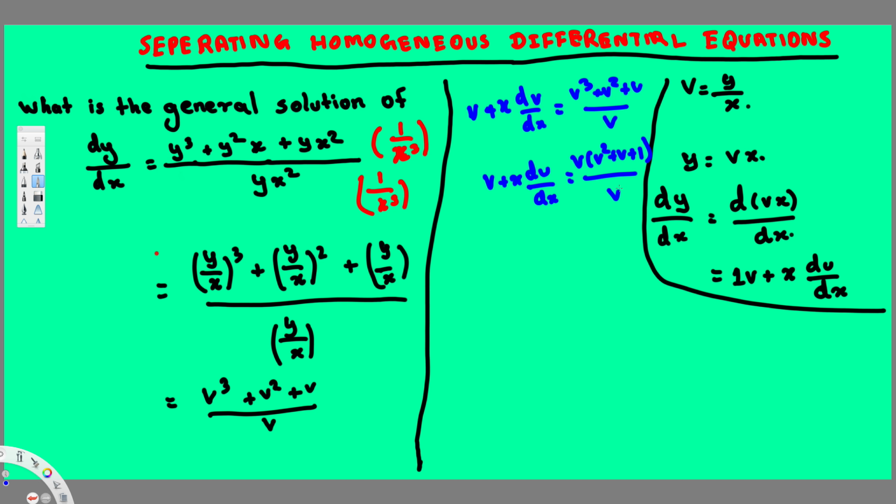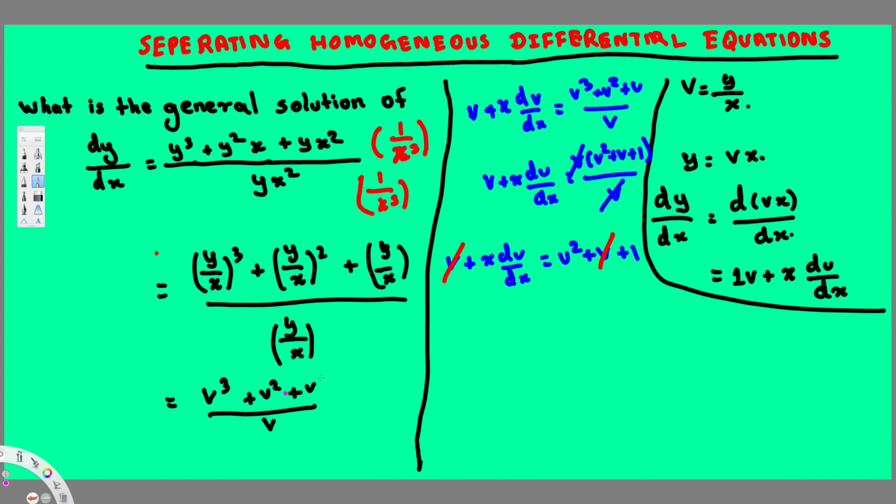In the bottom we have v, and this cancels, and that's going to leave us with v plus x dv over dx is equal to v square plus v plus 1. And if you notice, on this side we have v, here also v. So if you bring one of these v to this side, they cancel each other. Now we can go ahead and separate and integrate.